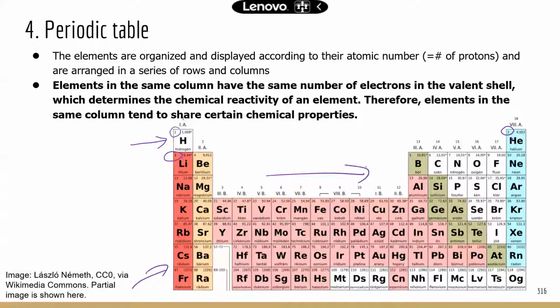There are some common elements we use in biology, anatomy, and physiology. We talk about carbon, right? Carbon has 6 protons, so it has an atomic number of 6. It's the 6th element on the periodic table. 7th element, nitrogen, and you can see oxygen is the 8th element.